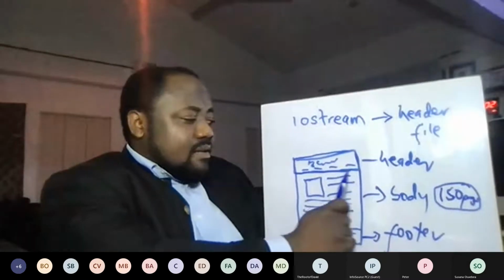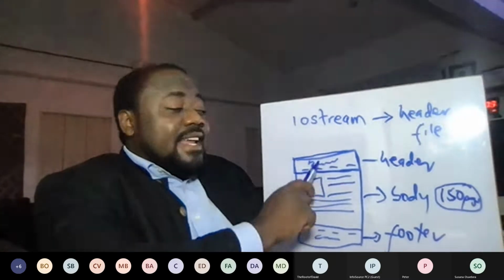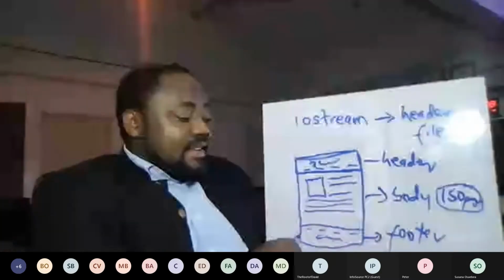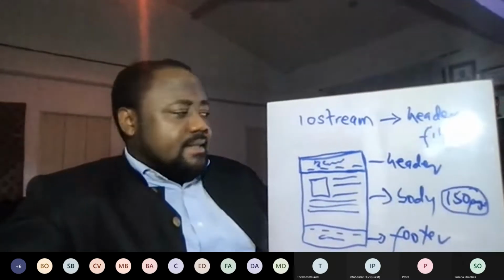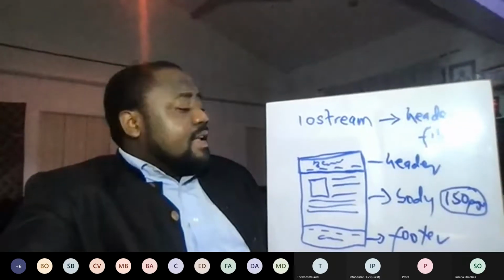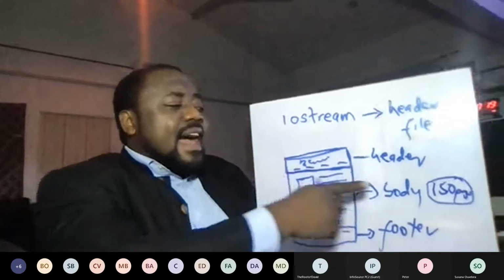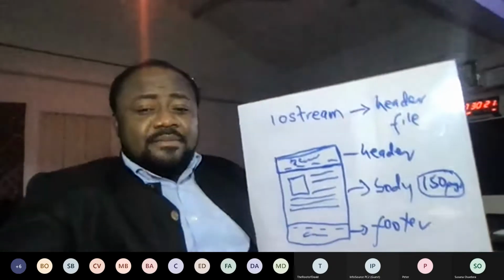So when you click on the link, the body here will be different. Click on the next link, the body here will be different. But the header remains the same, the footer remains the same. Now the question is, if you are the designer of this website, are you going to design this header, which is the same, 150 times?